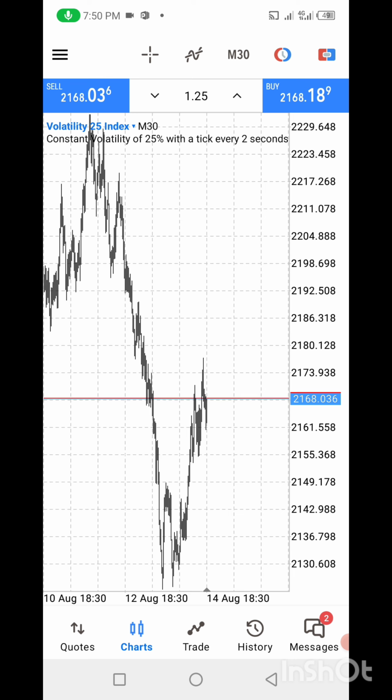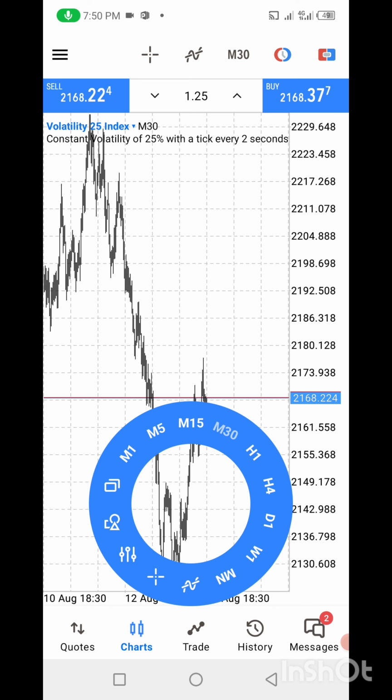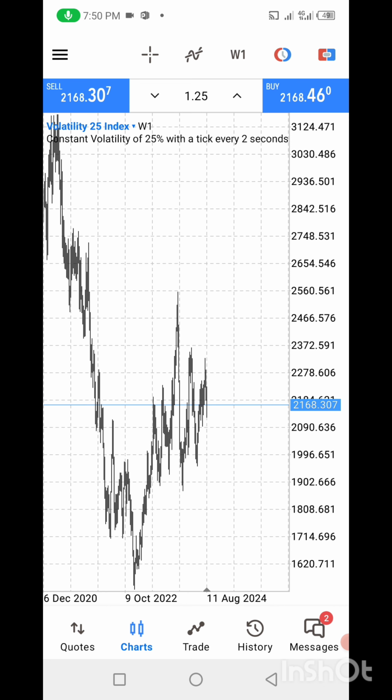So right here we go to the weekly time frame. What you should be analyzing in this time frame is marking the resistance, the support and the trend. Then when you have marked them, we run a probabilistic analysis: what is the possible direction of the market?